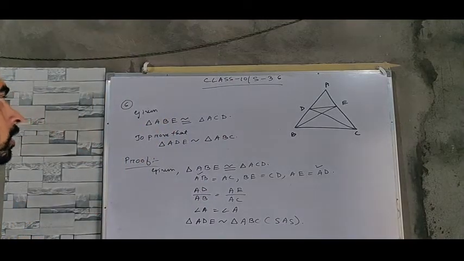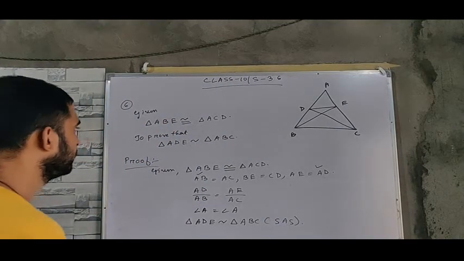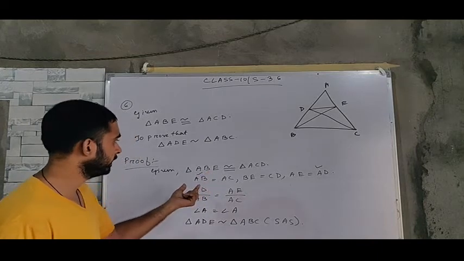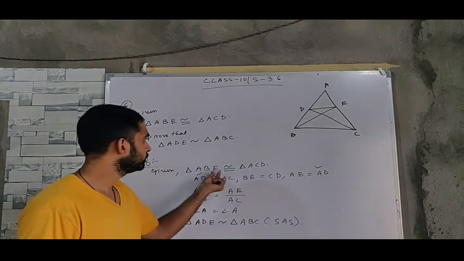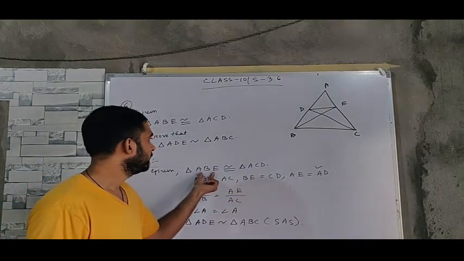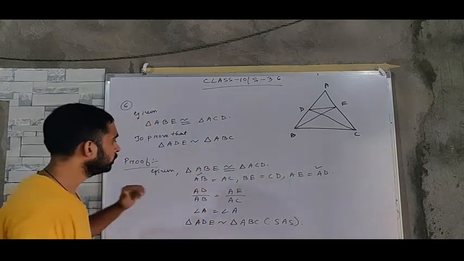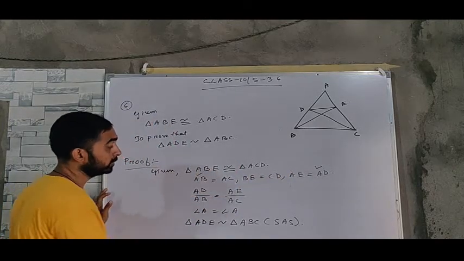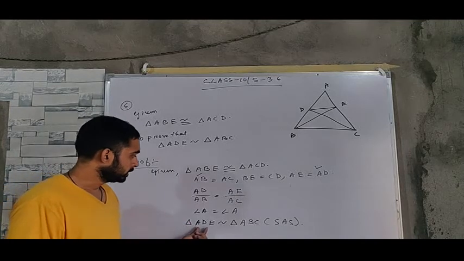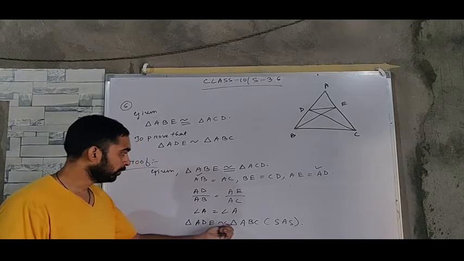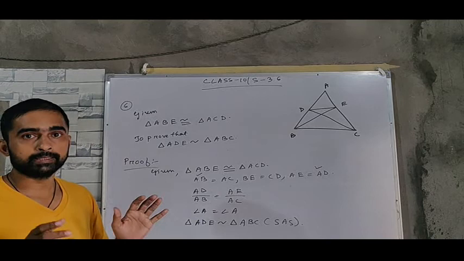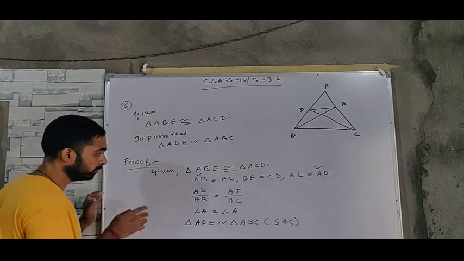Understood? First of all, by using the given condition that these two triangles are congruent, we get that this equal to this, and AE equal to AD. Then we will prove that ADE and ABC are similar. So the sides are AD and AB. We will find the ratio, because in similar triangles corresponding sides are in equal ratios.